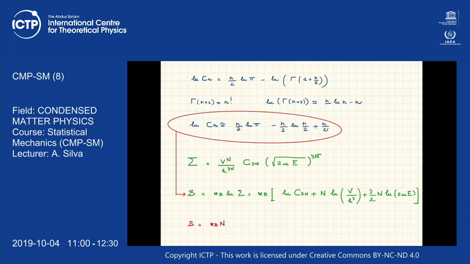You will do the algebra at home. You promise, right? All of you promise. Great. Log of V 4 pi m times e divided by 3h squared n to the power 3/2 plus 3n over 2 k Boltzmann.